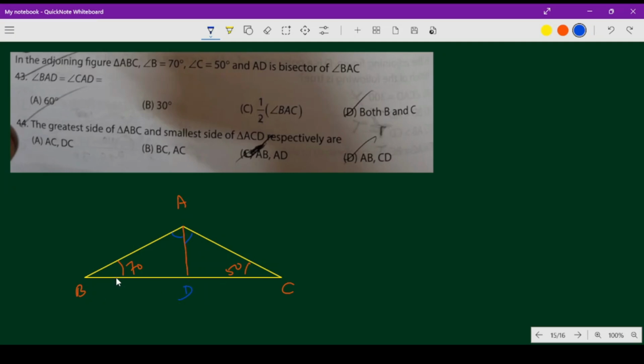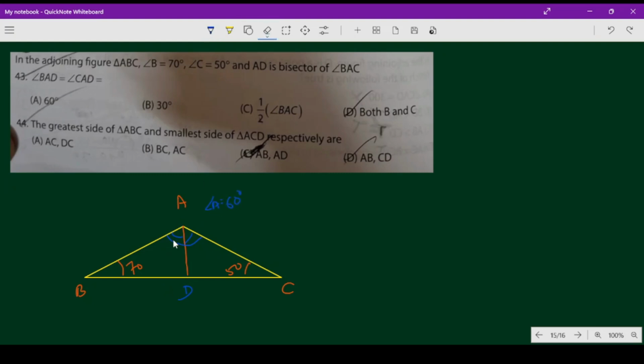So over here, if angle B is 70 and angle C is 50, then angle A will be 60 degrees, because the sum of these two angles, 70 plus 50, is 120. Subtracting 120 from 180 gives 60 degrees. Angle A is equal to 60.